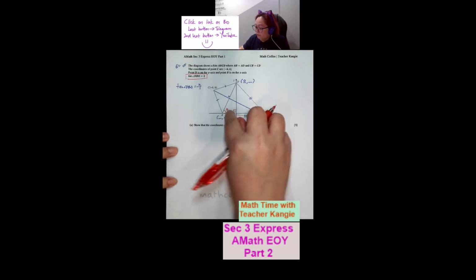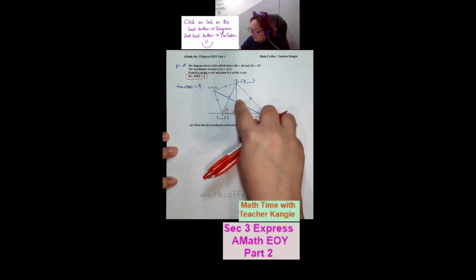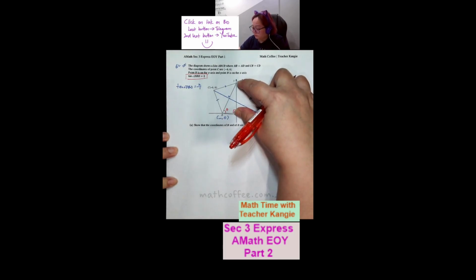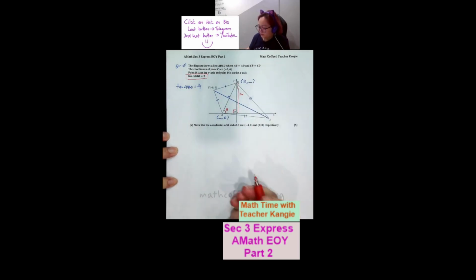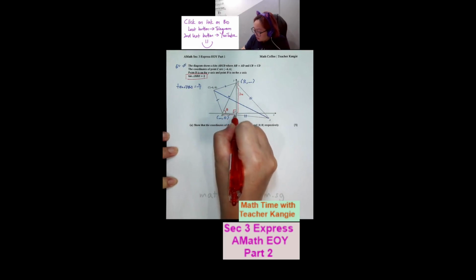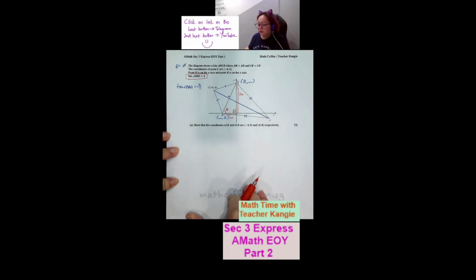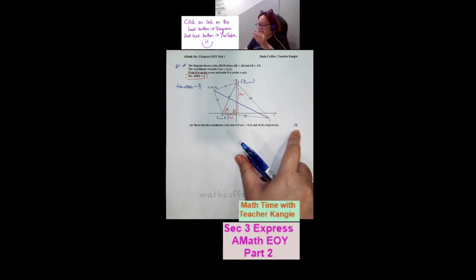Based on this angle reference, opposite is our DO, so this is 2 units, and adjacent, this will be our 1 unit. We need to know this. Next, 2 units and 1 unit, then what do I do with it? This is very critical. That's why it's 5 marks.